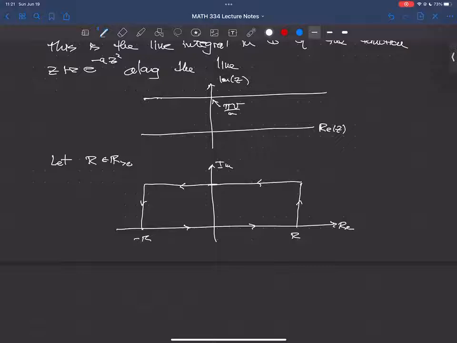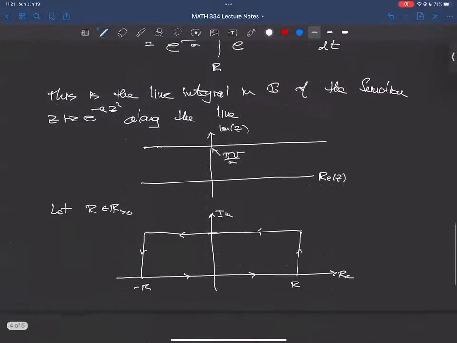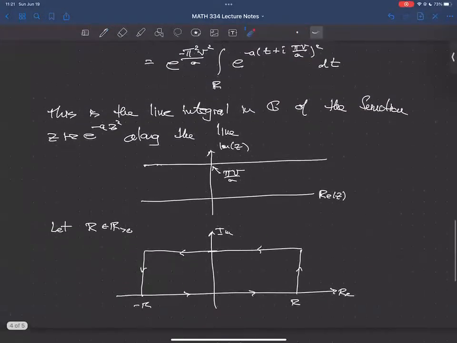All right. And so what I'm going to do is I'm going to now do a contour integral of this function around this contour. All right.